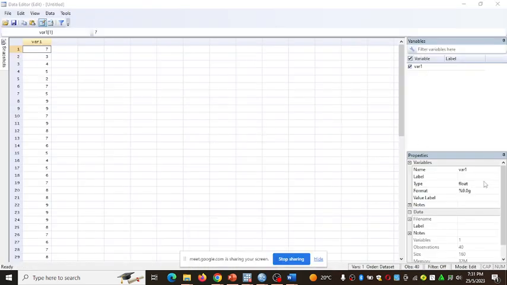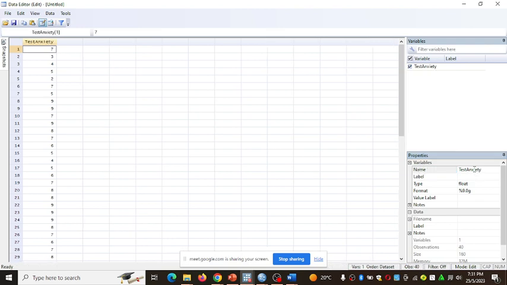So click on this part under properties and type test anxiety. Yes, click on enter. So that is the values that I have there.